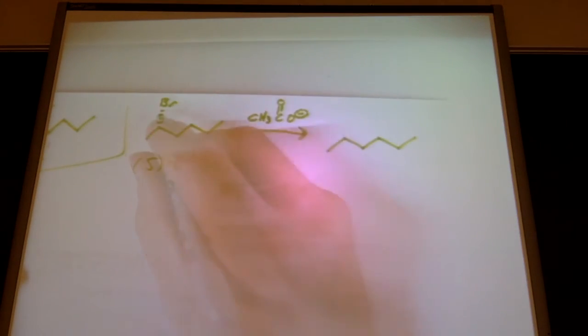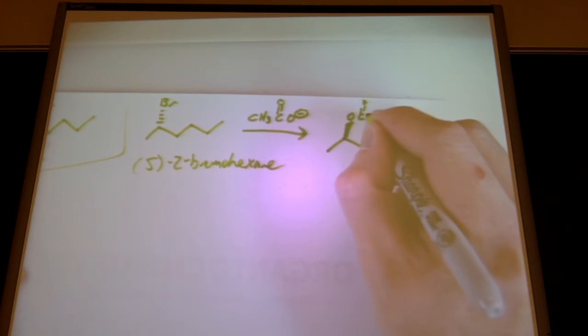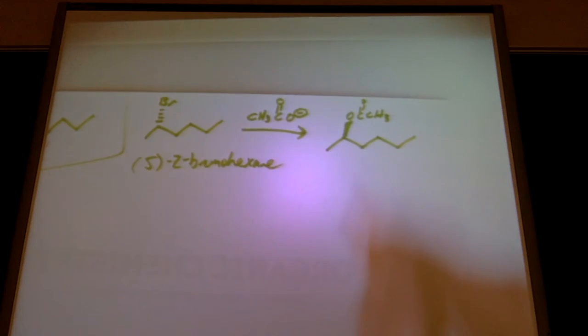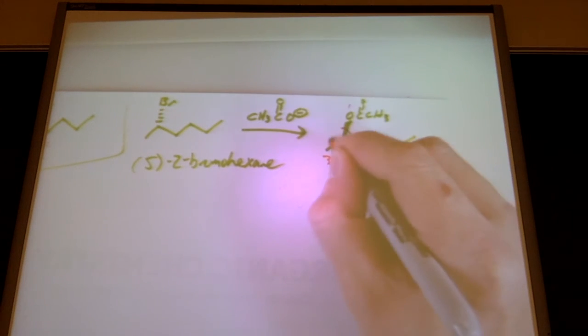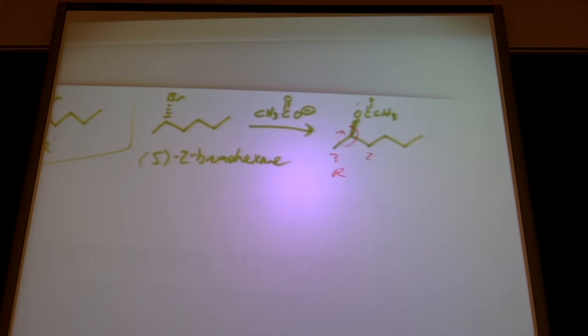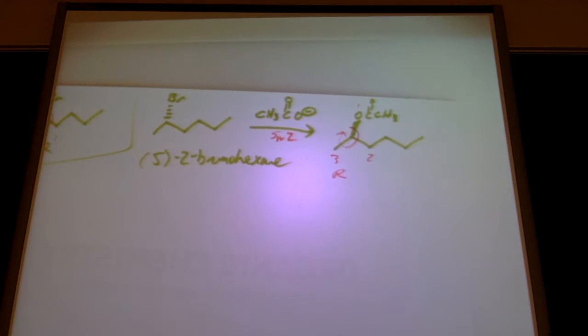So if my bromine's on a dash here, my acetate ion will be on a wedge. Now if I did the R and S configuration of that one, I'd see that I get the R product. So I start with an S and get an R, because it takes place via an SN2 mechanism.